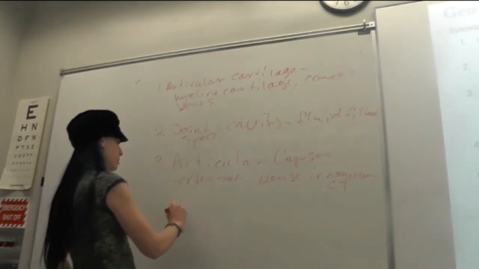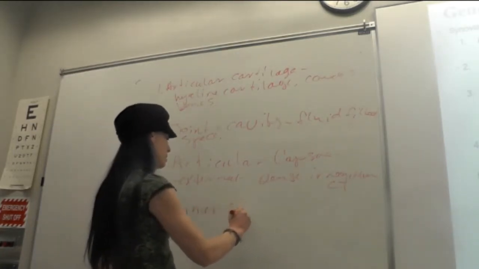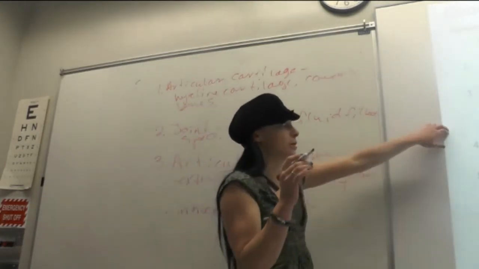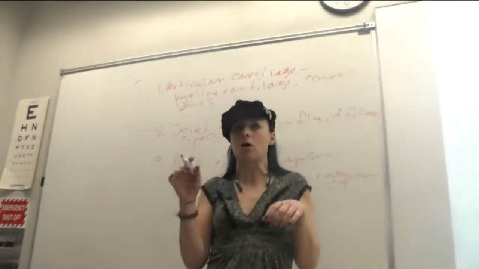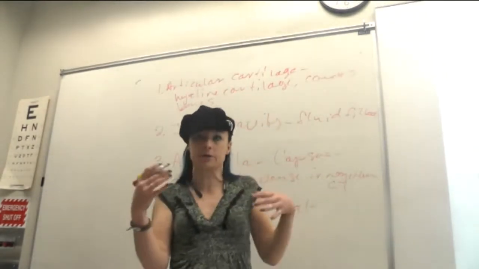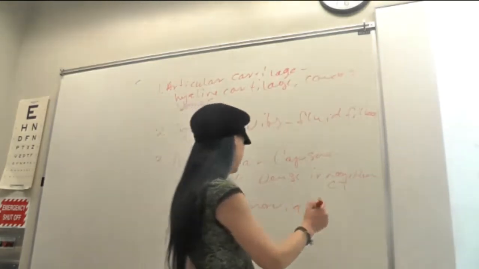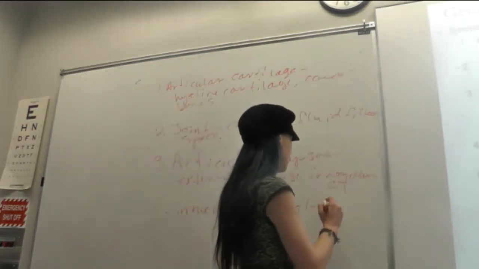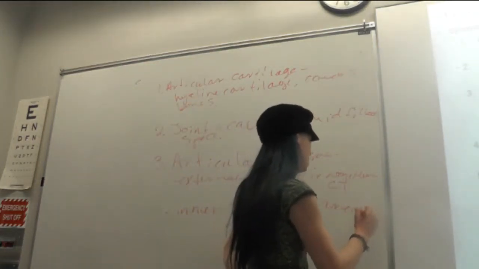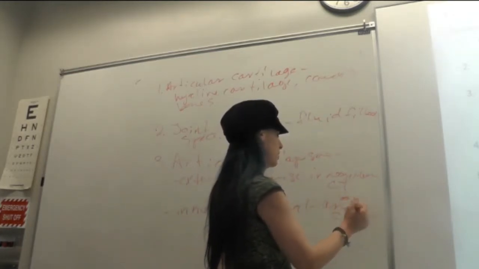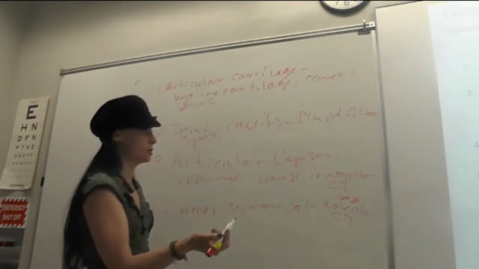And then our inner synovial membrane. The inner membrane is going to be producing the fluid that fills the cavity. So we've got to have blood supply coming to it. So this is loose connective tissue, primarily areolar connective tissue. So our inner synovial membrane, we could say, is areolar. Your book just says loose, I think, but it's areolar connective tissue.